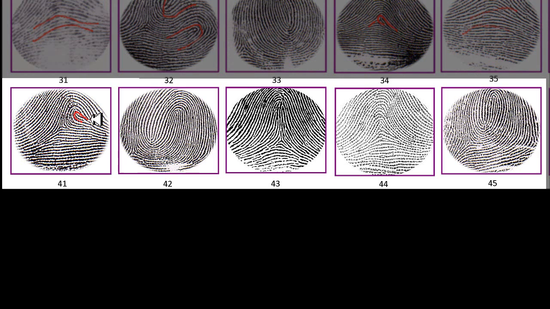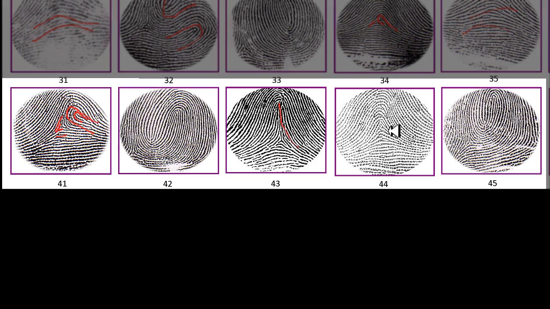The ridges are starting here, rising, recurving, returning. Of course, the delta is right in this region here, the type lines, if you remember. 42 is not a loop, it's something else. 43 again is our tented arch.